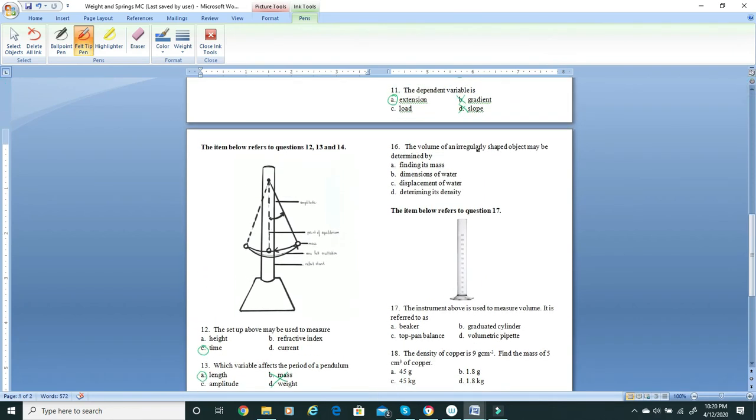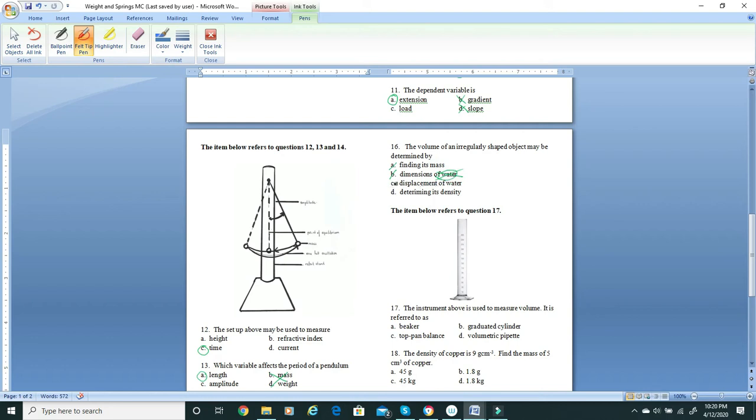The volume of an irregularly shaped object may be determined by finding its mass. No, because then you'll be looking for mass. May be determined by dimensions of water. No, that's for something that's regular, and that doesn't happen with water. Displacement of water, this makes sense.